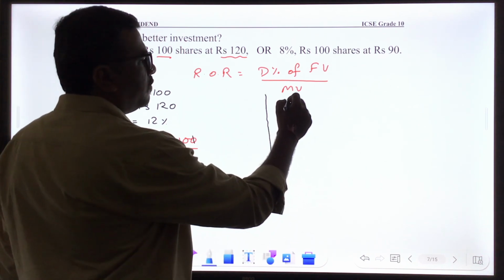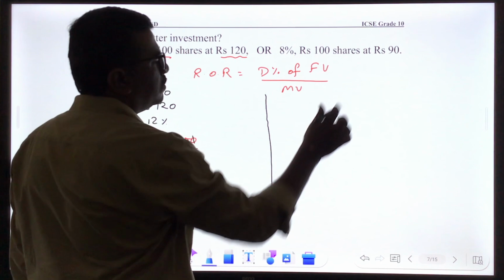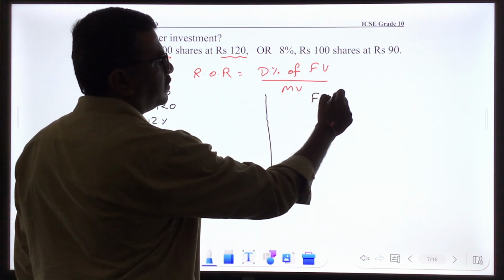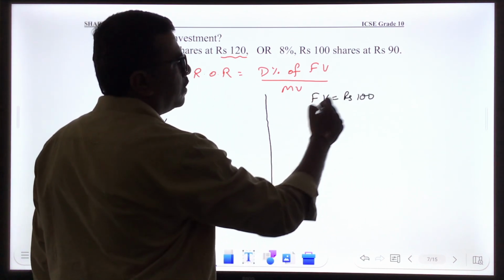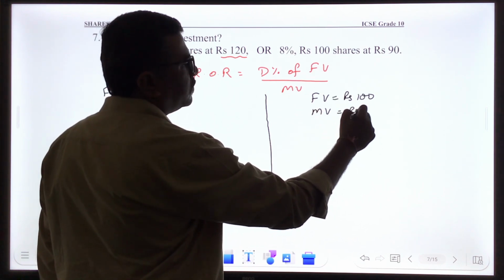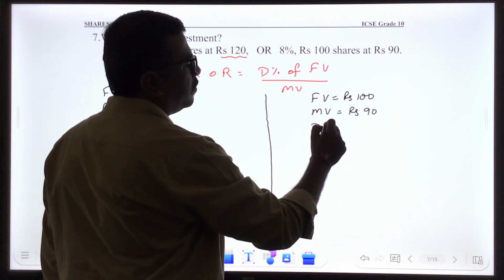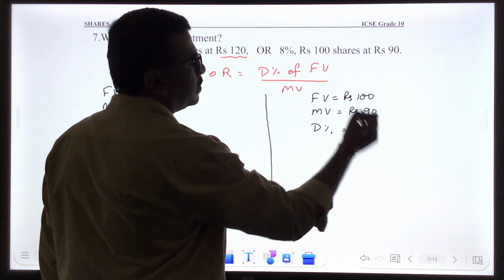Another company where face value is rupees 100, market value is rupees 90, and rate of dividend is 8%.